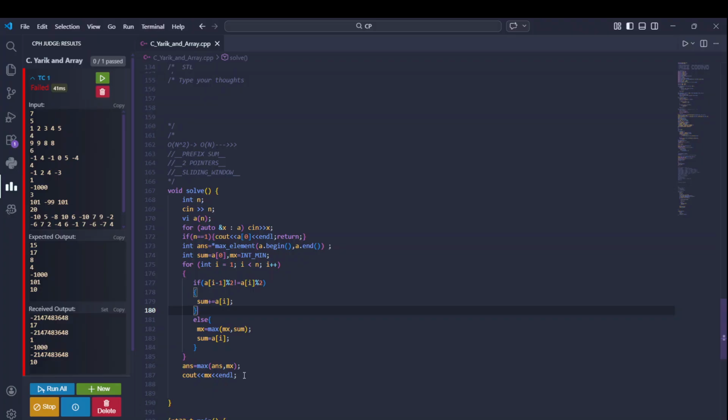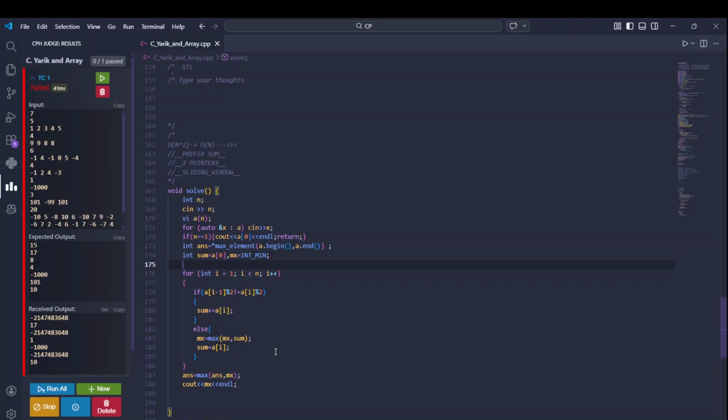Then I'll just gonna say sum plus equals to. You can just do like this, but it's not good.